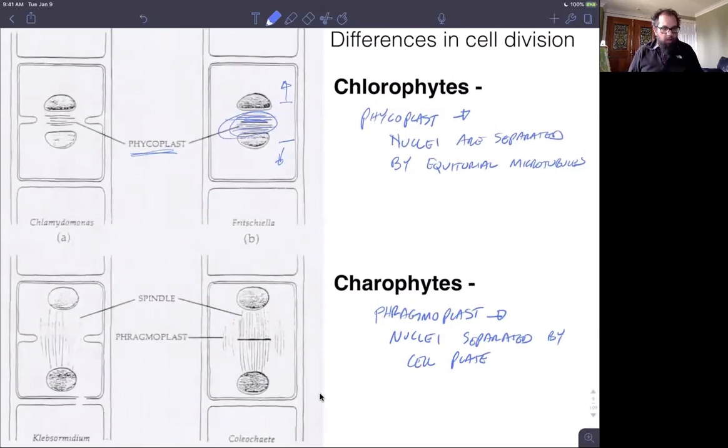That phragmoplast is shown here, the cell plate initiating, and we notice that the microtubules are arranged in a different orientation than we see in the chlorophytes. This is an ultrastructural thing. These details aren't incredibly important, but what is important is the main difference between the chlorophytes and the charophytes, and this is down to the level of something as important as cell division happening in two quite different ways.